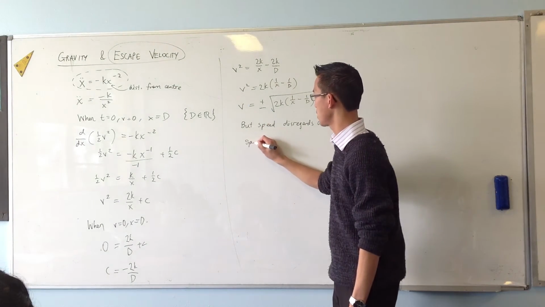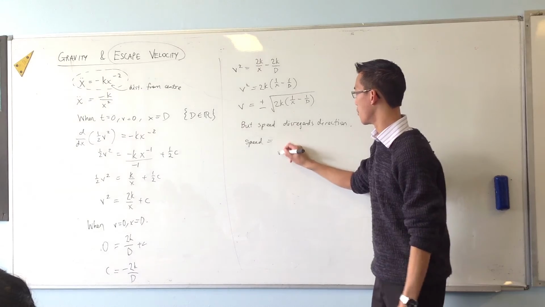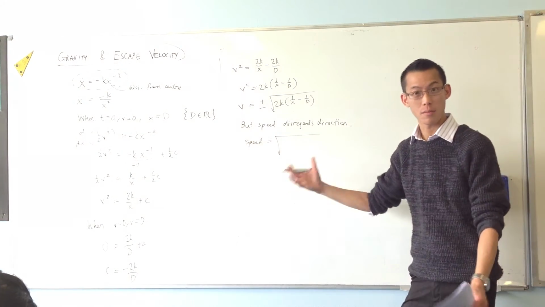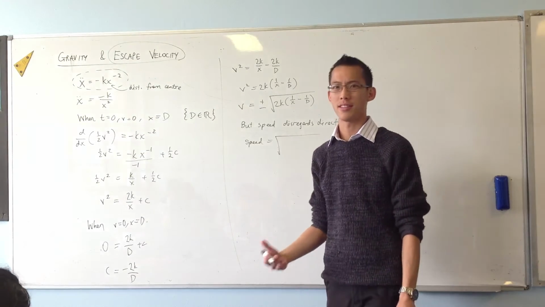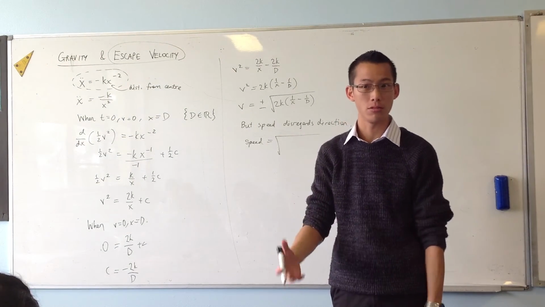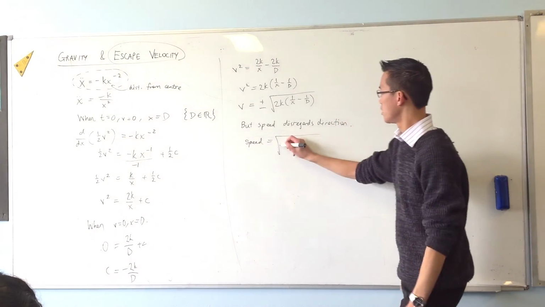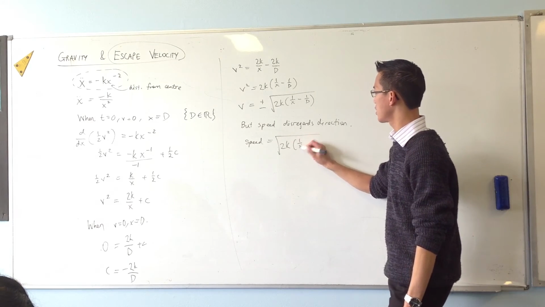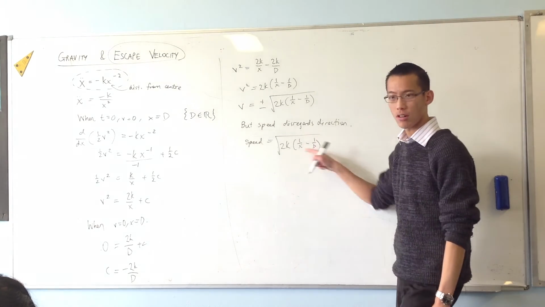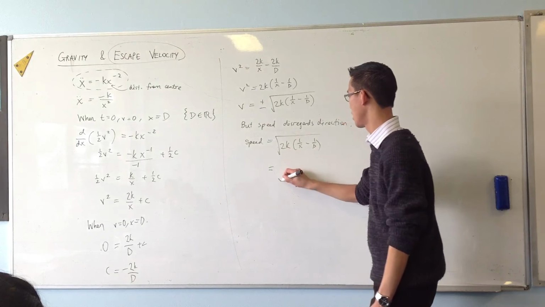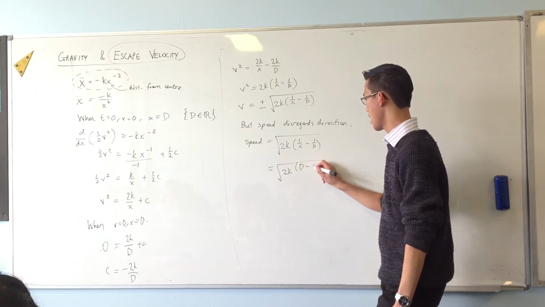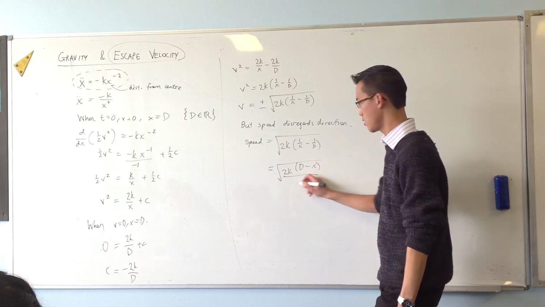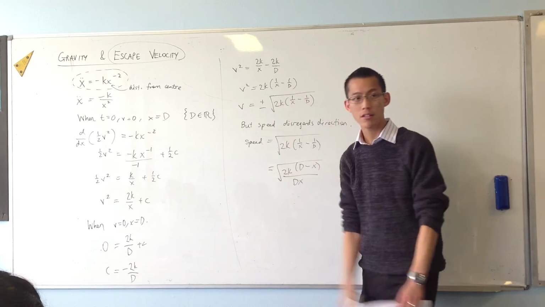I can just say the speed is a scalar, right? So it's just going to be a positive quantity. Because we don't say I'm traveling minus 60 k's an hour if you're asking for speed. You just take the positive part. Okay? So I ditch the minus, and then when you take these fractions together on a common denominator, you should get, what is it? I think it's d minus x on dx. Yeah? Okay. All right, no problems.